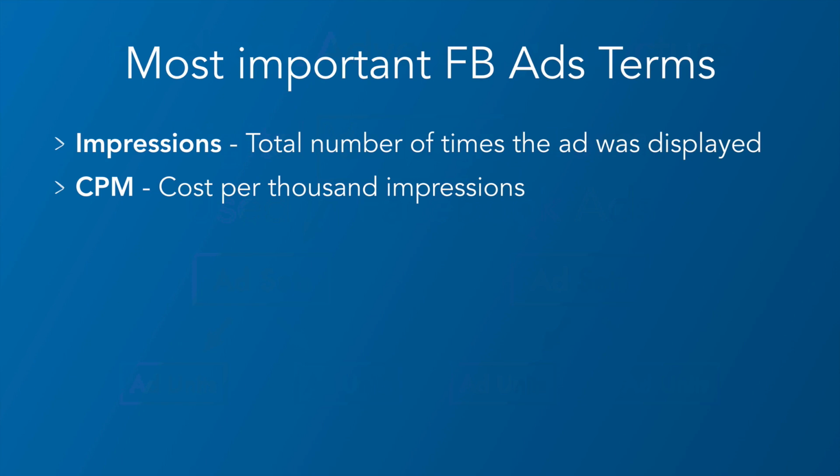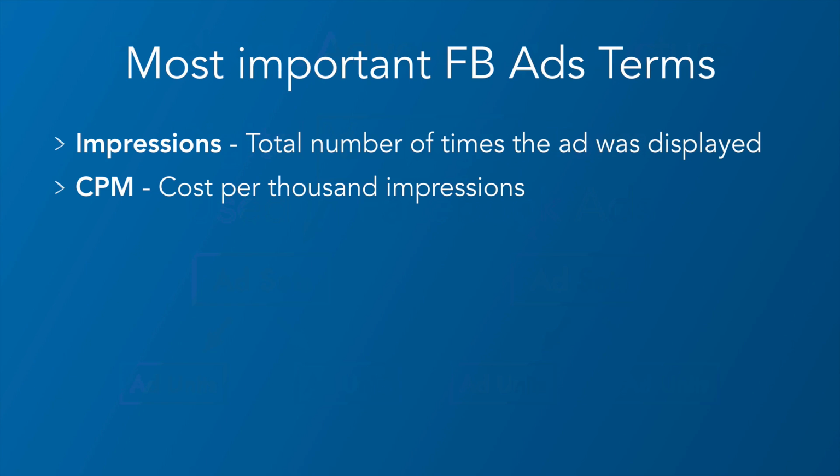Let's say you run a Facebook ad, you spend $5, and you reach 1000 people with a frequency of 1, which we will look at in the next point. Every person saw the ad once and it was displayed 1000 times, so you are paying $5 for 1000 impressions, and here our CPM rate is $5.